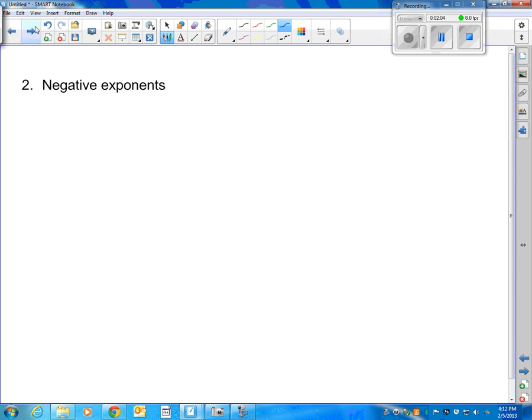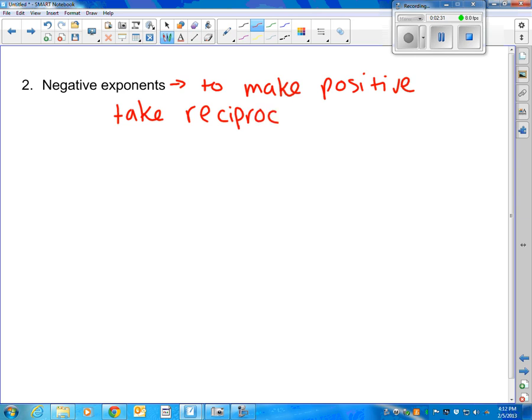All right, our next rule deals with negative exponents. For negative exponents, you need to make it positive. So to make positive, you are going to take the reciprocal of the number. All right, so let me show you what I mean by that.